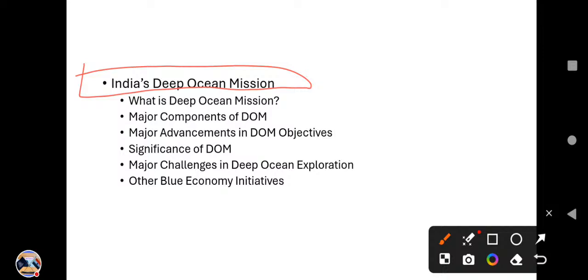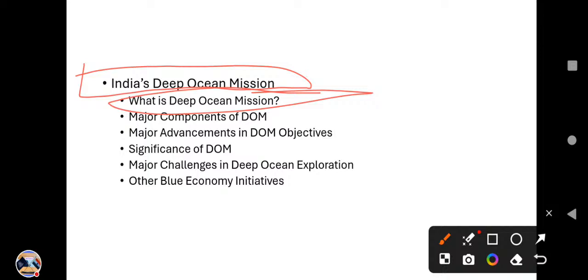The article discusses various aspects of the Deep Ocean Mission. And what is this Deep Ocean Mission? India's ambitious program to explore and harness the depths of the ocean. Simply, you can write that in your introduction part.